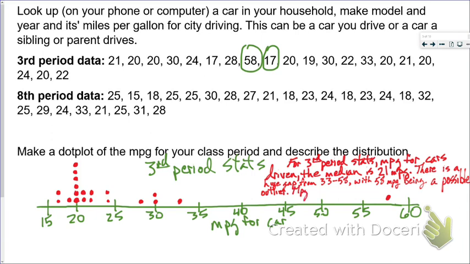MPG ranges from 17 to 58. The distribution, or you could just say MPG again, is positively skewed.